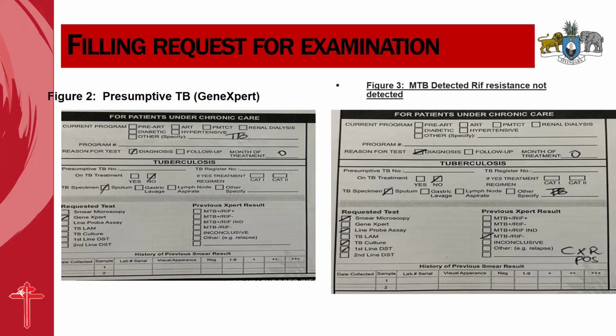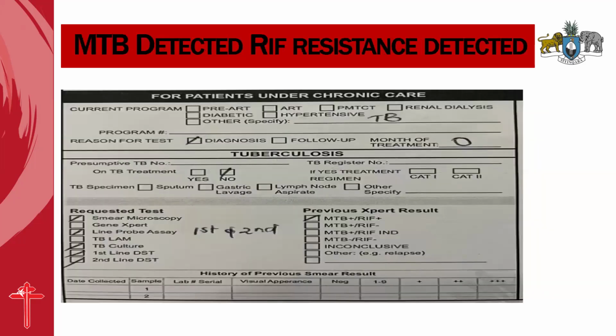This is for a presumptive case. For the previous GeneXpert result, you can see there MTB not detected, and RIF. They were sending the patient because of the X-ray result. So this one is for diagnosis.